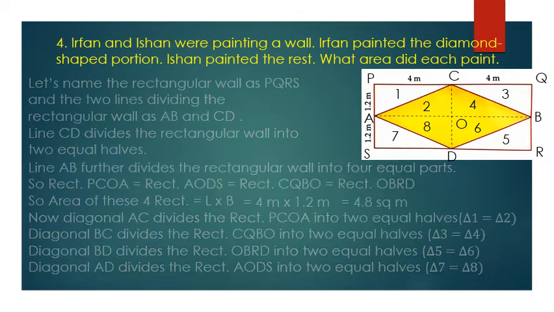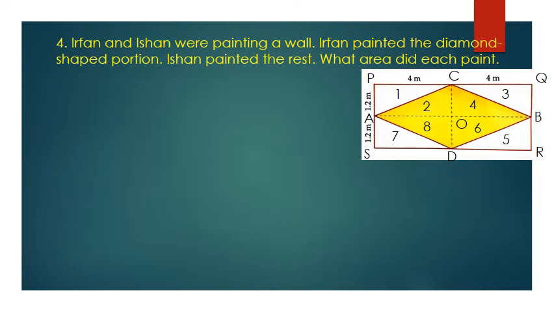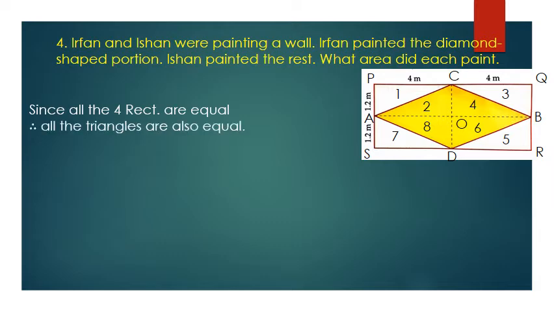Now children, since all the four rectangles are equal, we can say that all the triangles are also equal. Therefore, area of each triangle is equal to half multiplied by area of each rectangle, which is 4.8 square meters.